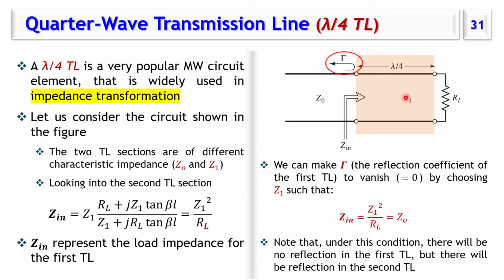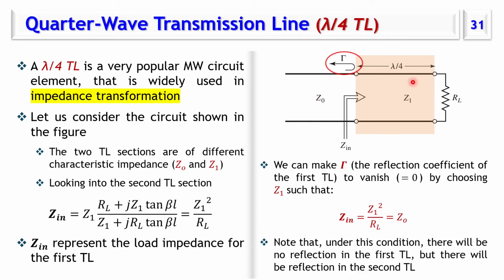If we can choose Z1 such that this expression equals Z0, we will have no reflection coefficient here. So if we choose Z1 such that Z1 squared over RL equals Z0, we will have 0 reflection coefficient here, and we generate a matching network for Z0.